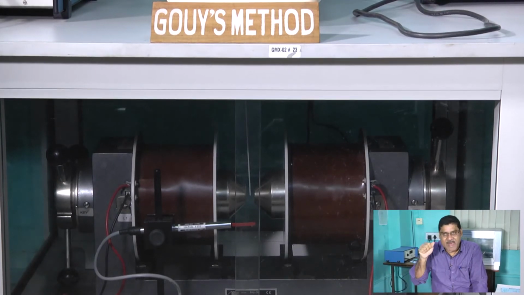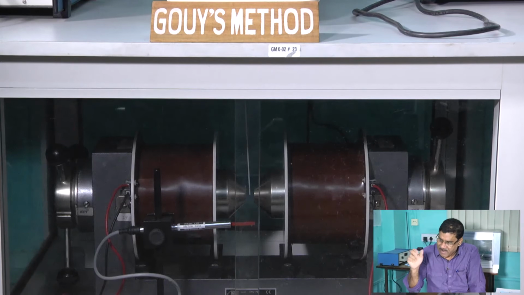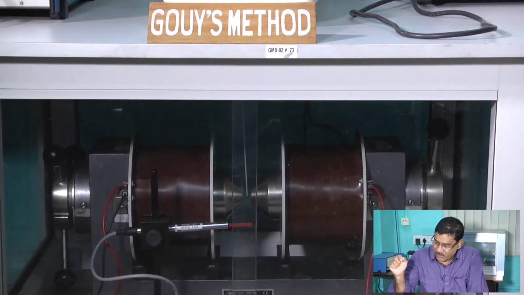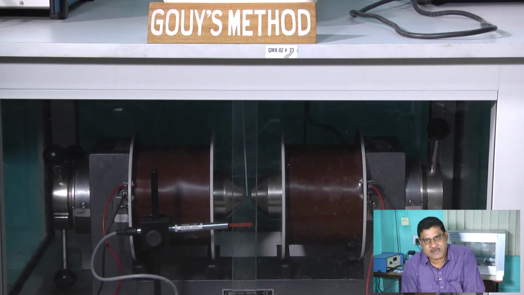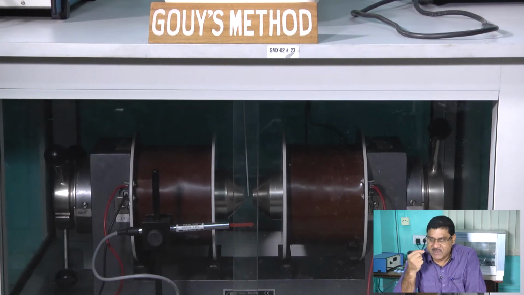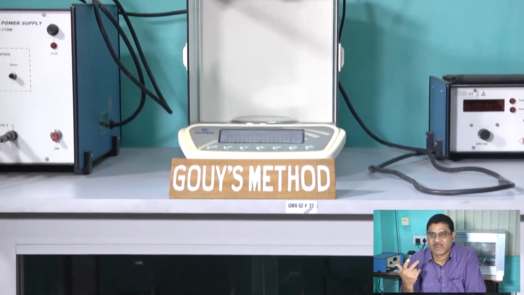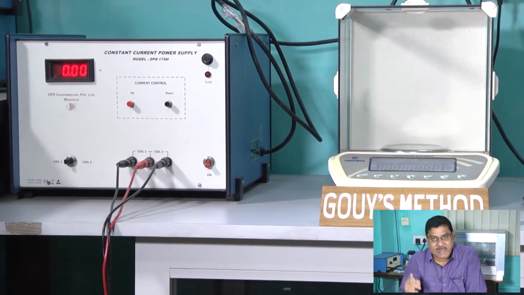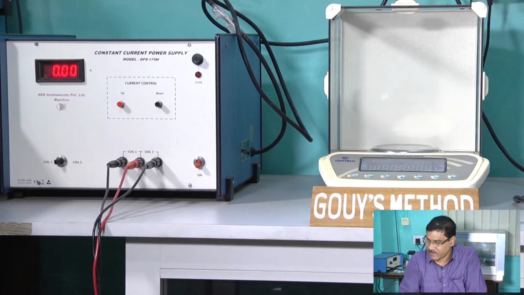Now, I will apply different magnetic fields, and for each magnetic field, we note the reading of the balance. The difference of these two readings will give me the del m that we have seen in the formula.